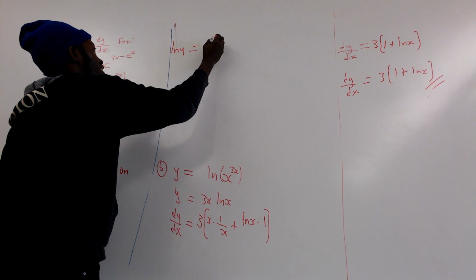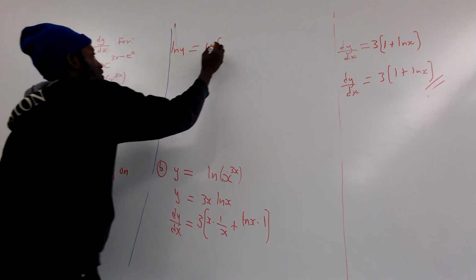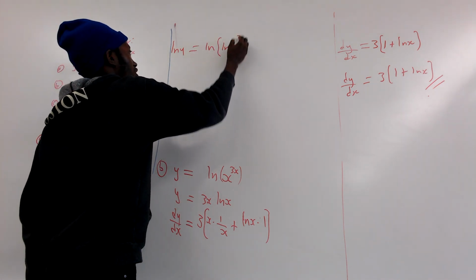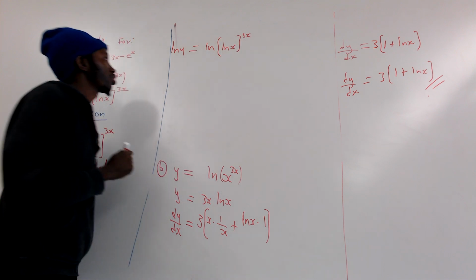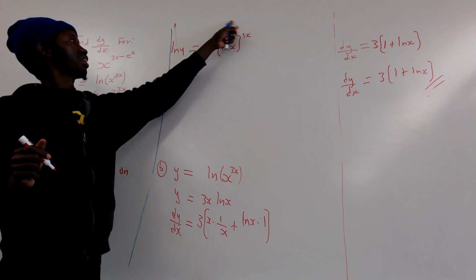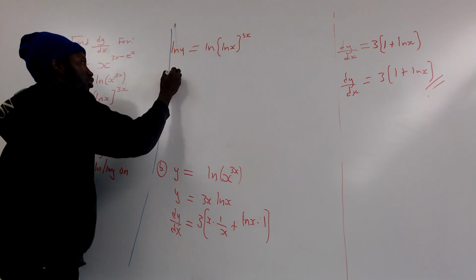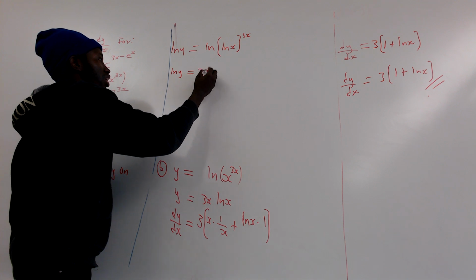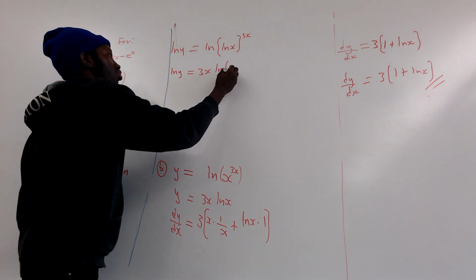We take ln for the right again, which is ln of x, all raised to power 3x. The moment you take ln, this value has become a power, so we can easily move it. So ln y equals 3x ln into ln x.